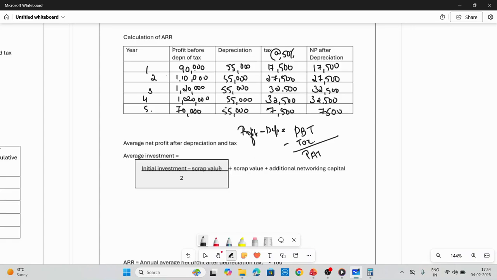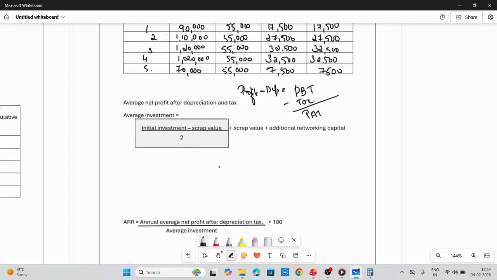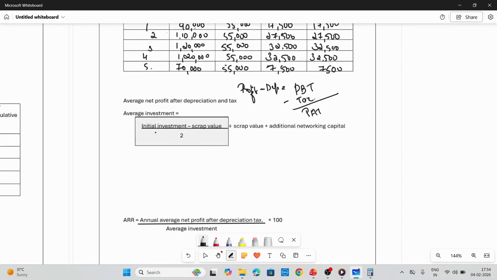7,500. Now let's calculate average investment. Initial investment minus scrap value divided by 2, plus scrap value plus additional net working capital.